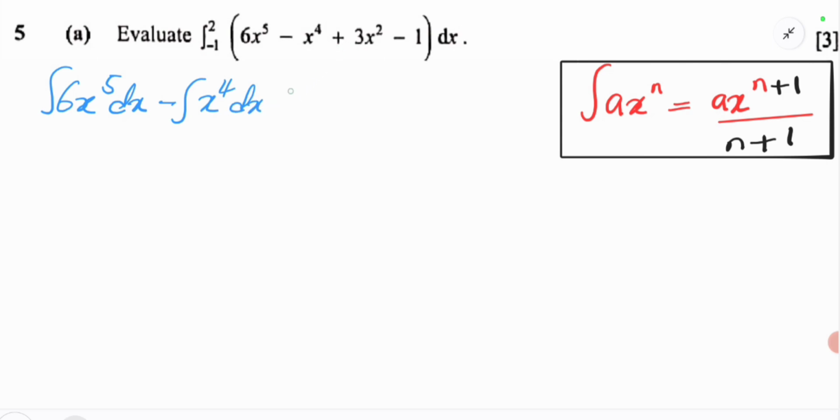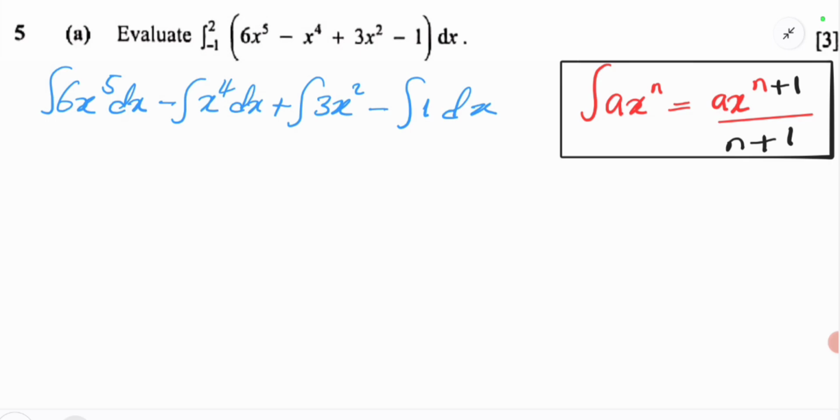Then the next one is a plus, so I say plus the integral of 3x squared. Then I have a minus, the integral of 1 dx. Is that okay? Once I split this whole expression into separate parts, I can work each one of these individual integrals using this rule here.